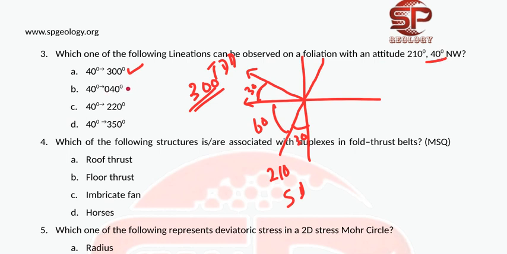Then 40 degree towards 040, 040 is not the dip direction. 40 degree towards 220, 220 is very close to 210, so that is the strike direction, so 40 degree will not be the dip. 40 degree towards 350, 350 is also not the true dip direction, so the angle will not be 40. So only 40 degree will be in the true dip direction, that is your 300 direction. Okay, the answer will be A.